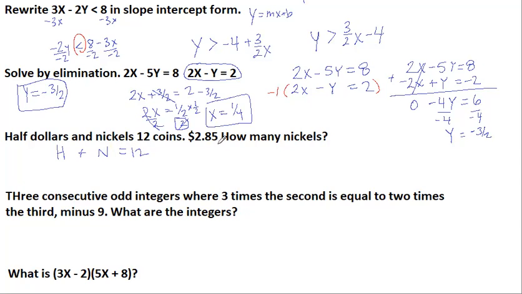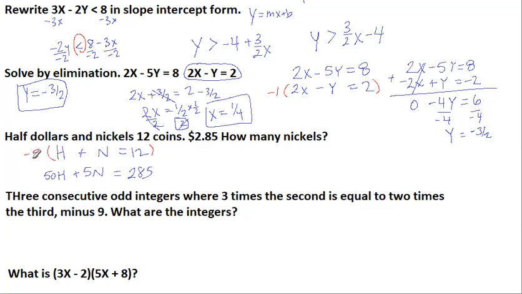That's one equation. And then I'm gonna turn the $2.85 into cents. So 285 cents is, well, 50 cents for the half dollars and 5 cents for the nickels. Now, if I want to do the elimination method, I could multiply this top one by either negative 50 or negative 5, whichever one I want to eliminate.